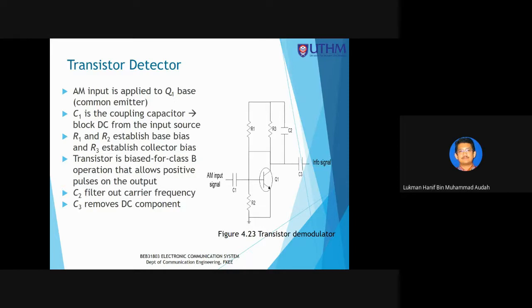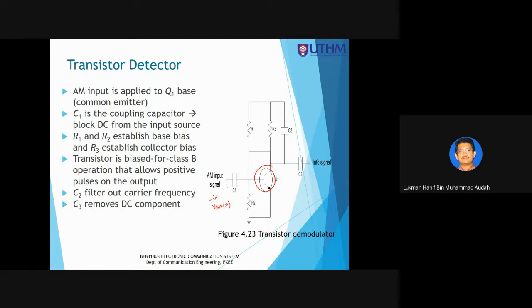So tadi diode demodulator, now is a transistor demodulator. Kalau dilihat di sini kita ada transistor. Here is a VAMT pada input pada base. So VAMT pada base.